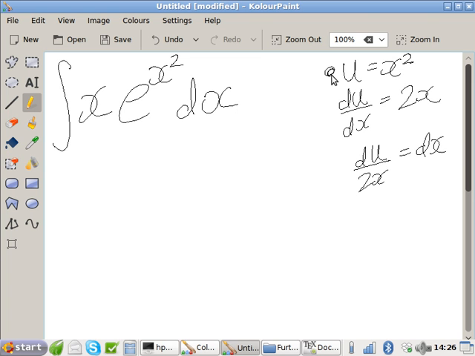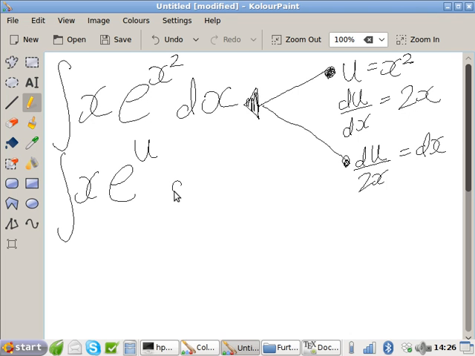So we can take this, and we can put them both back in. So this becomes x e^u du over 2x. Now there's a problem. You cannot mix x and u. You should have only x or only u.